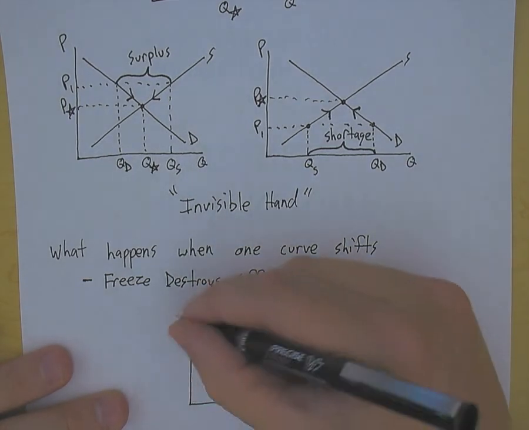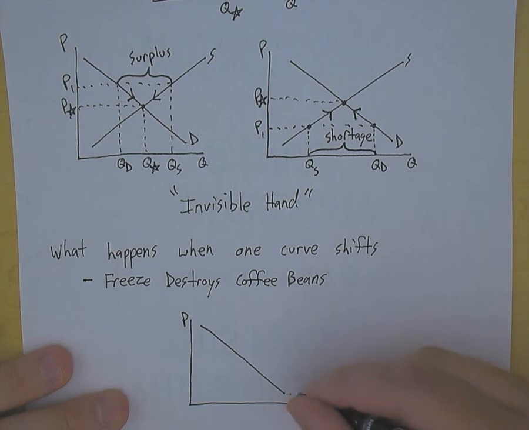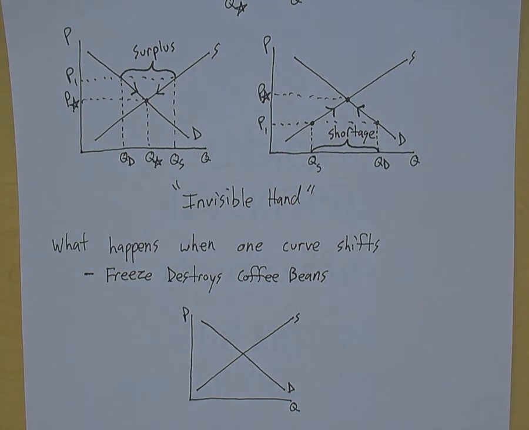I'm going to draw my graph. I have price on the vertical axis, quantity on the horizontal axis. Go ahead and draw a downward sloping demand curve and an upward sloping supply curve. Now, if I'm looking at this freeze destroying coffee beans, I've got to figure out first, is this going to impact the demand curve or the supply curve? Let's look at the demand curve first.